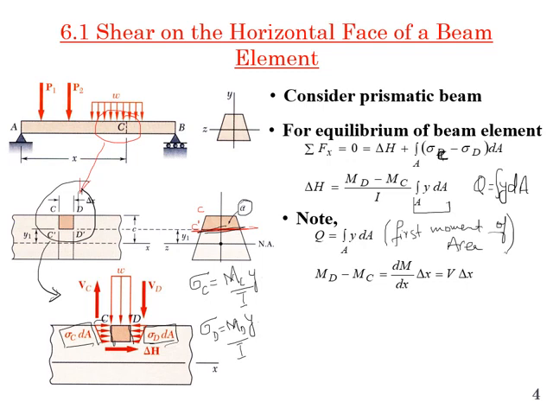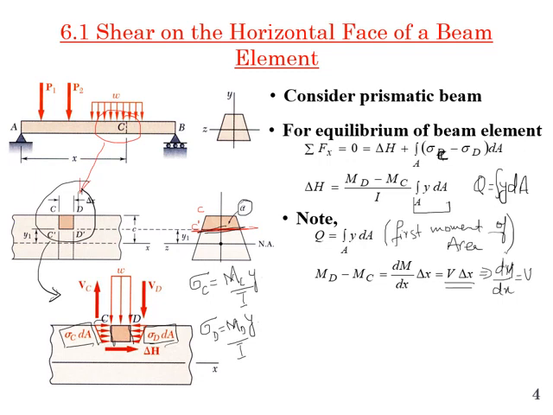Now, if you remember from the previous chapter, for MC minus MD, if you multiply and divide both by delta X, I can write dM divided by dx into delta X, and that will be equal to V times delta X. If you remember from the previous lecture, dM by dx is equal to V. So we are multiplying both sides with delta X, and that will be equal to the difference of moment on both ends.